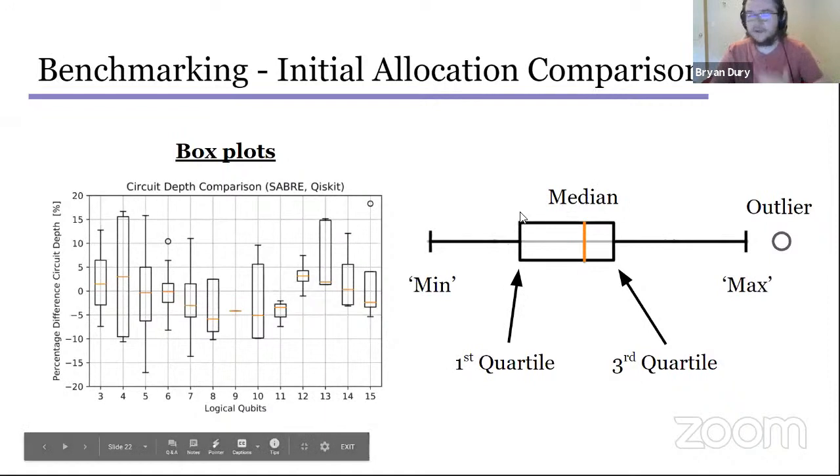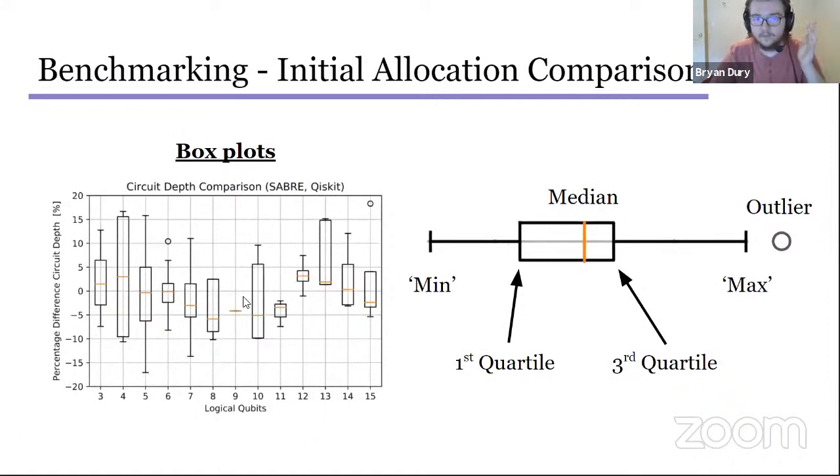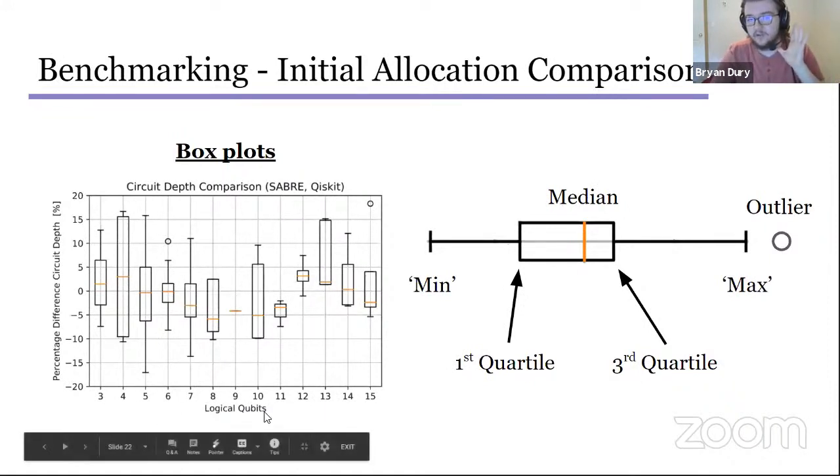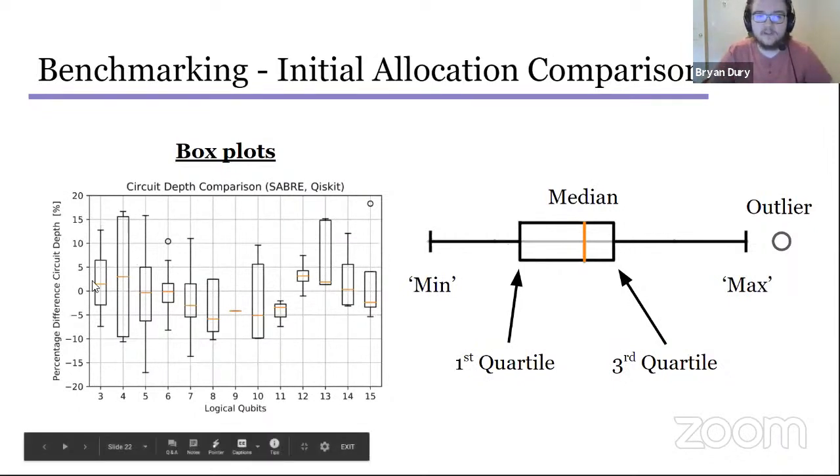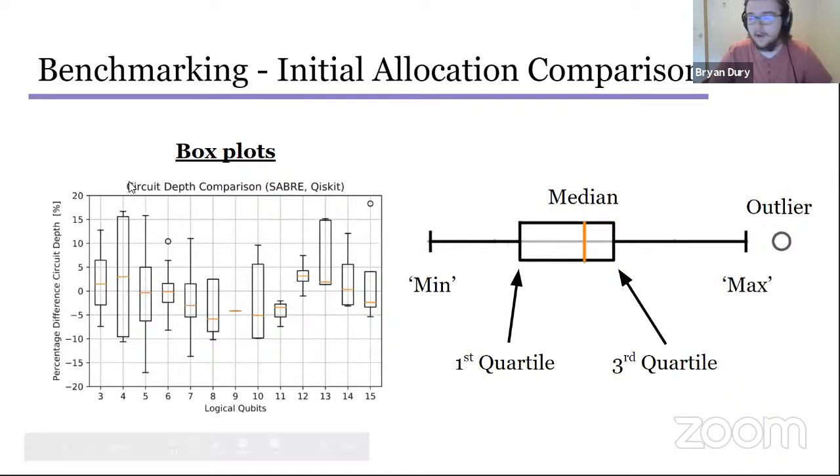What we're going to plot, as a function of logical qubit number, just as a way of enumerating all of the circuits, is the distribution of percent differences with respect to different metrics. Here, we're looking at circuit depth and comparing QUBO and Sabre. If we're taking a percentage difference, we take the circuit depth that Sabre gave us and that QUBO gave us, take the difference, and then divide it by QUBO, so we get a percent difference out at the end of the day.